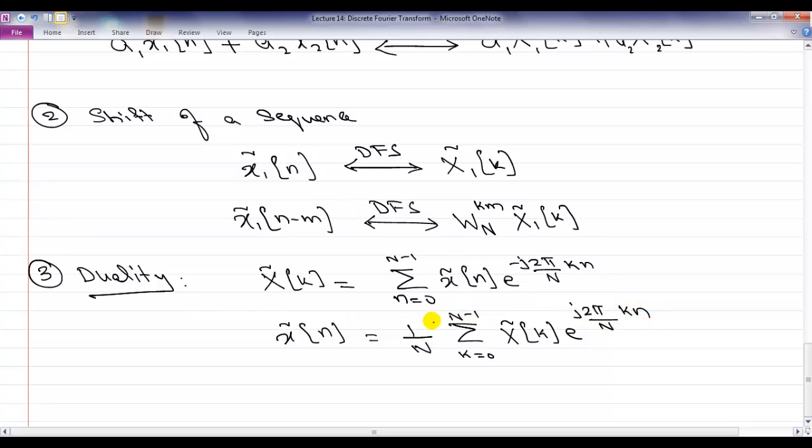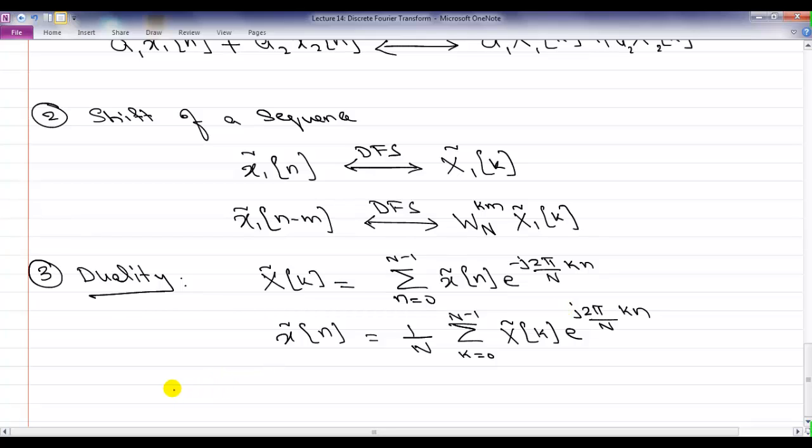If you compare, there is just a factor of 1 over n between the two, and the only difference is this conjugation. Right? So given the similarity between the two, you expect that there will be some sort of duality between the Fourier series coefficients and the original sequence, with the fact that you have to keep track of this scaling factor.